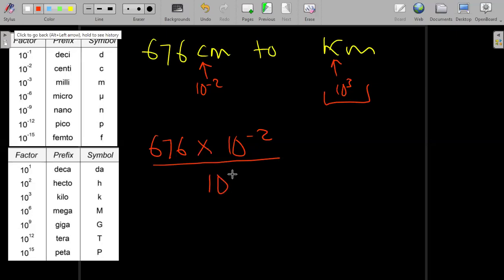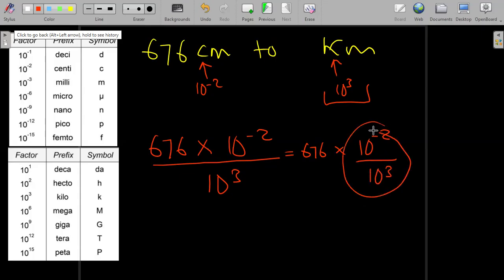So we are going to have 676 times 10 to the power minus 2 divided by 10 to the power 3. Here we are going to use the same trick that we used on the previous question. This is the same as 676 multiplied by, since the bases are the same and we are dividing, 10 to the power minus 2 and then minus this one in the denominator, which is 3.